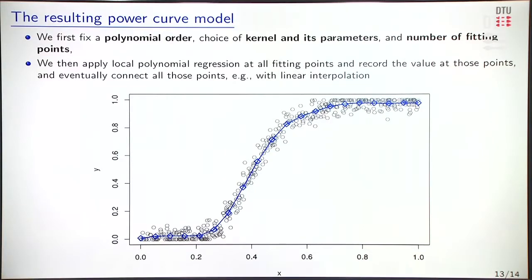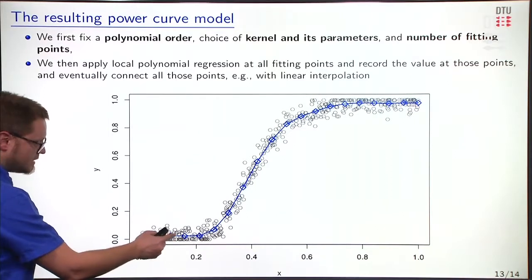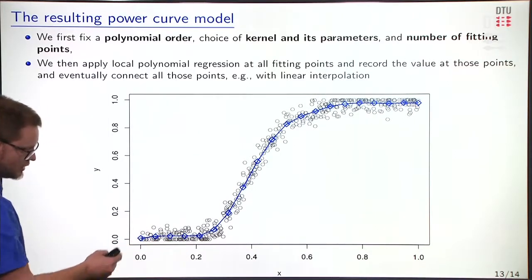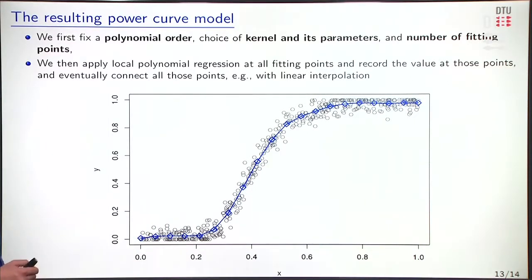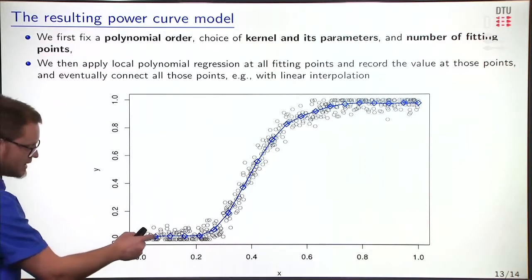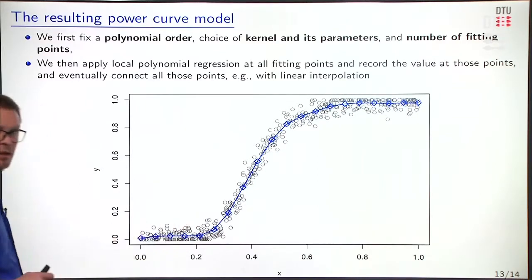If we were to repeat that, given a choice for a polynomial order, a choice for a kernel and its parameters, and also a choice for a number of fitting points and their location, we could actually fit our model at these different fitting points. So here we have quite a lot of fitting points, as you can see, and every time these squares are for the results of the model output at the fitting point location.